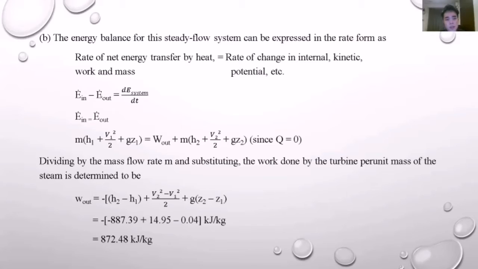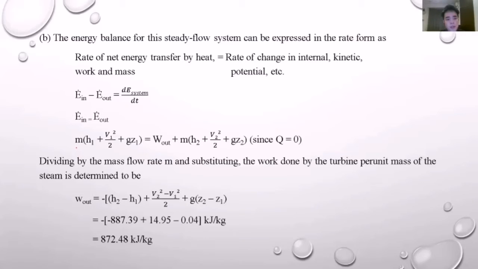So E dot in minus E dot out equals dE over dt. Since this one is 0 because both are equal, then E in equals E out.